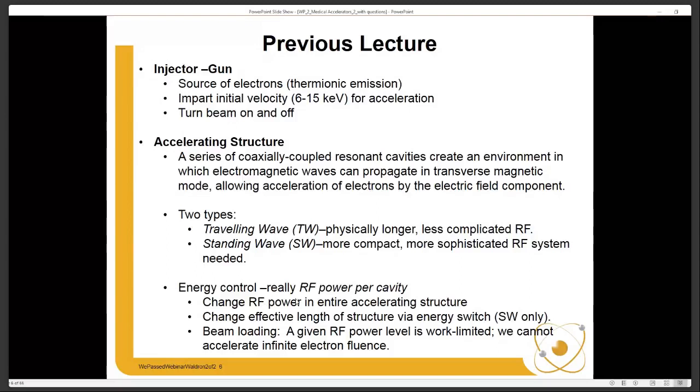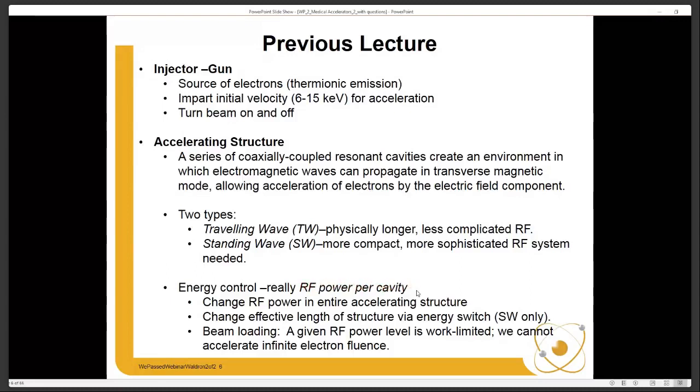We also covered briefly how we control energy in these systems. How do we change the energy of the electrons leaving the accelerator? What really controls the energy that the electrons are acquiring as they're being accelerated is the RF power in each cavity.